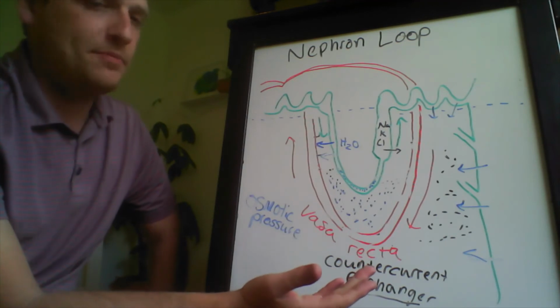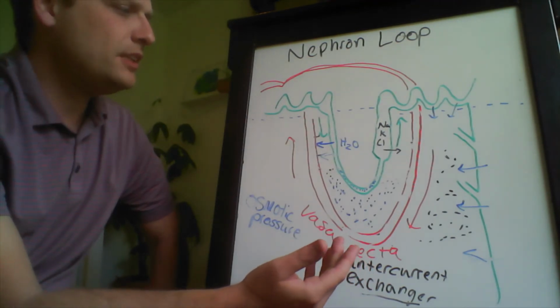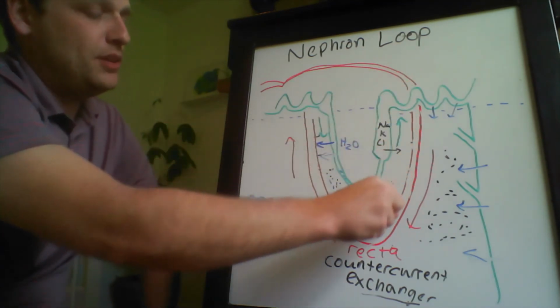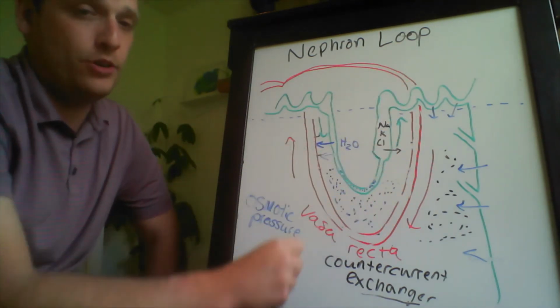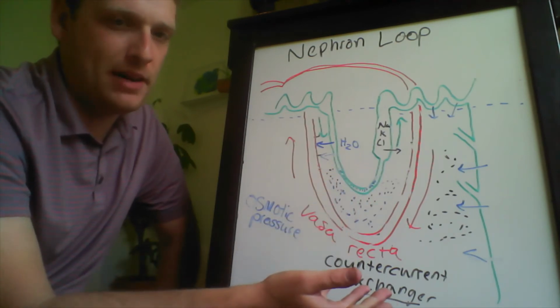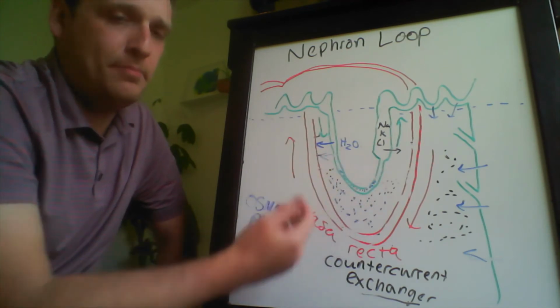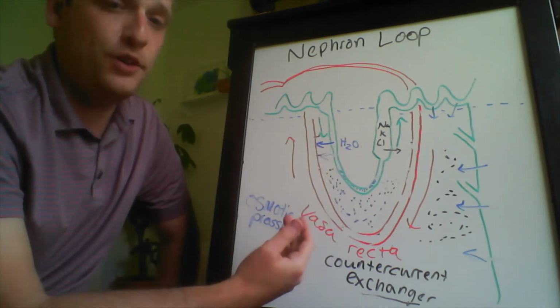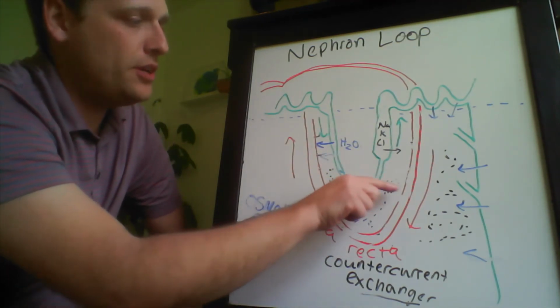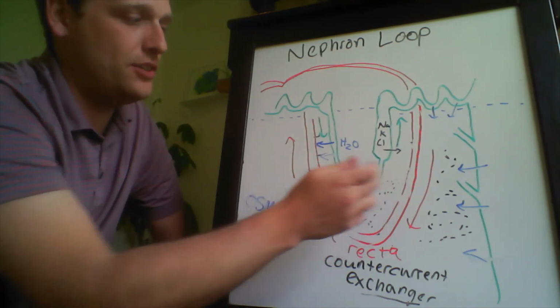And at the same time, you can probably imagine as a blood vessel is flowing through the renal medulla, it might tend to pick up some sodium ions. So you would expect, based on your knowledge of diffusion, that sodium is going to go from high concentration to low concentration.